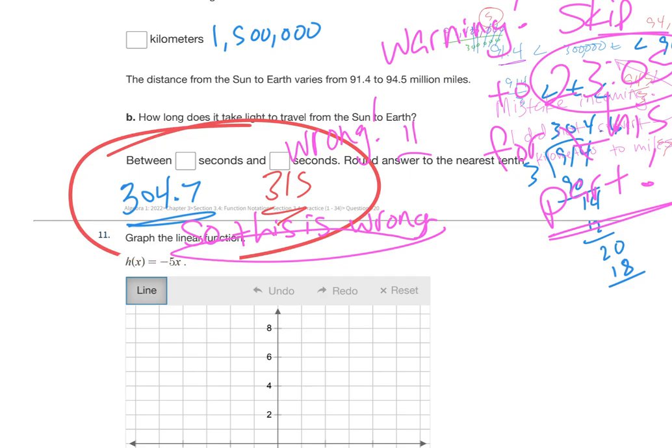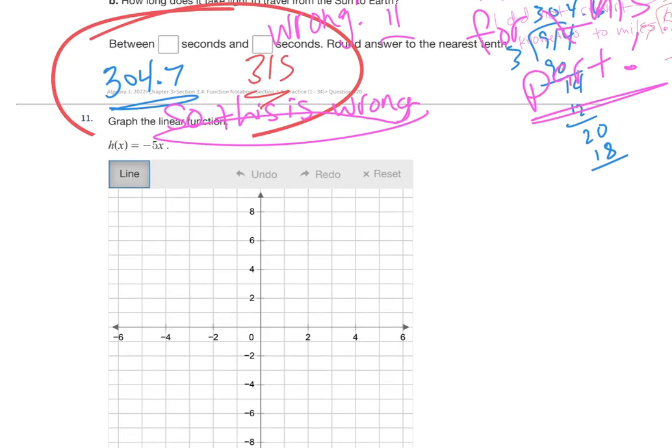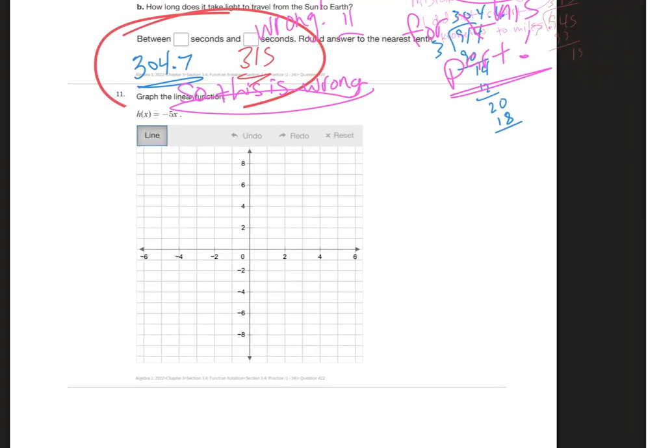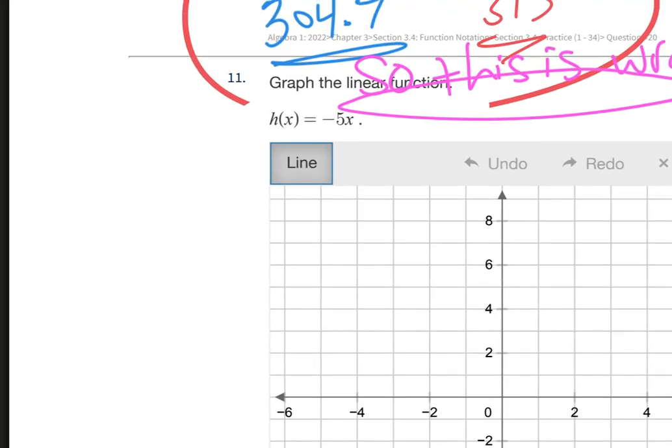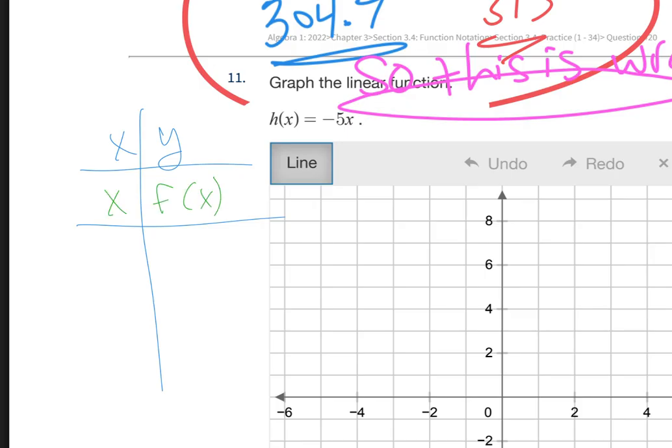Okay, and I've written on top of the next problem, graph the linear function, negative 5x. Okay, well, you and I kind of talked about how you will need to do a table, x and y, or in this situation, it could be x and f of x.